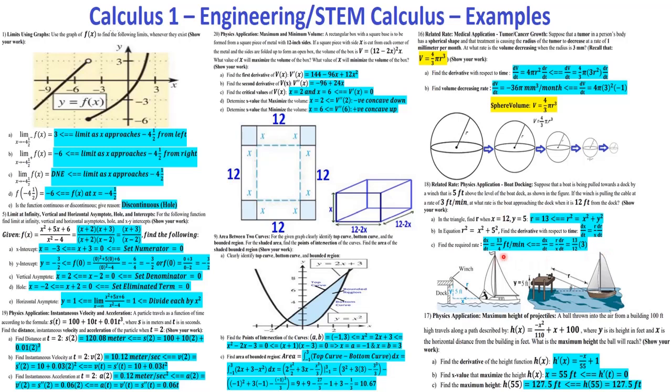Then you will end up with dx by dt equals r over x dr by dt. So for dx by dt, we know r is 13, x is 12, and dr by dt is given as 3. Then dx by dt is 13 over 4.